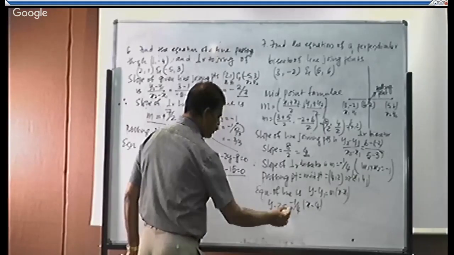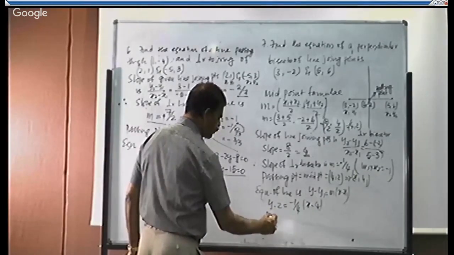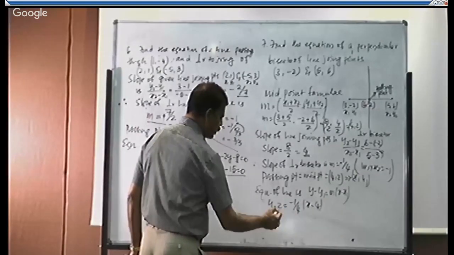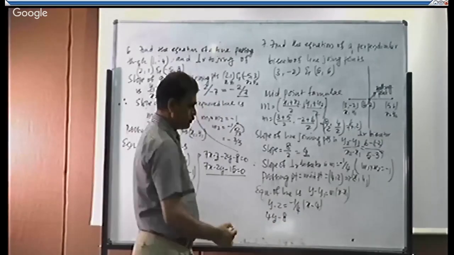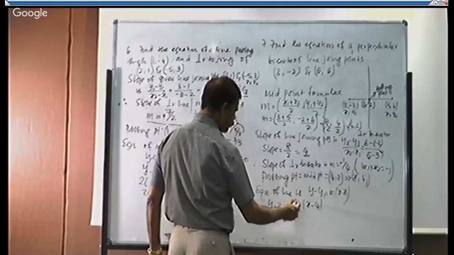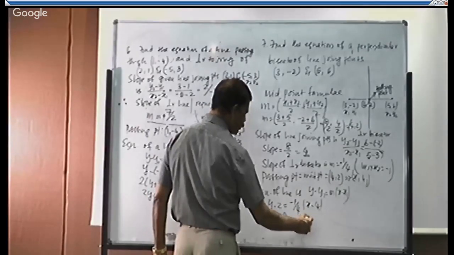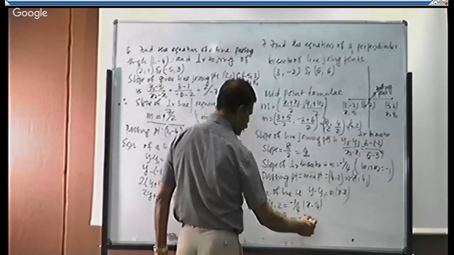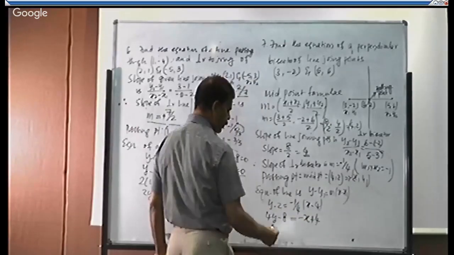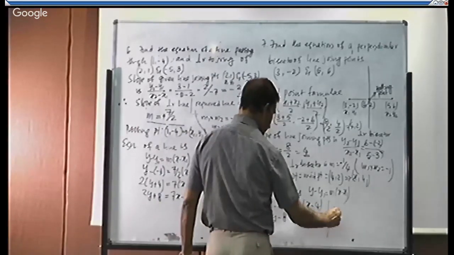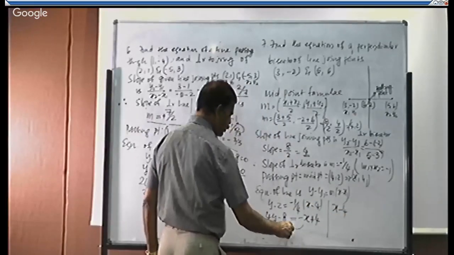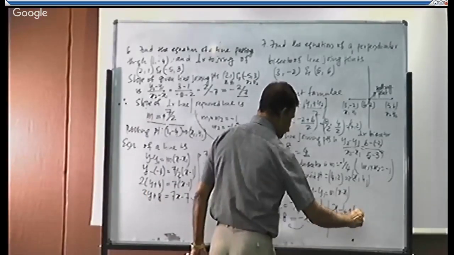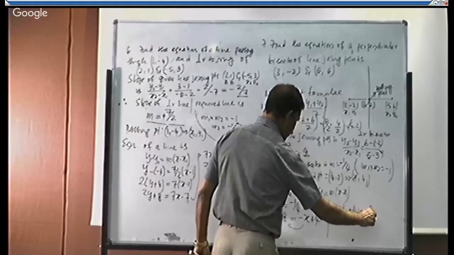Take 4 this side. 4 into y is 4y. Correct? Minus into plus, minus. 4 2s are 8. I have written directly. That is equal to minus 1 into x is minus x. Minus 1 into minus 4 is plus 4. I have taken x minus 4 this side, plus 4y minus 8.